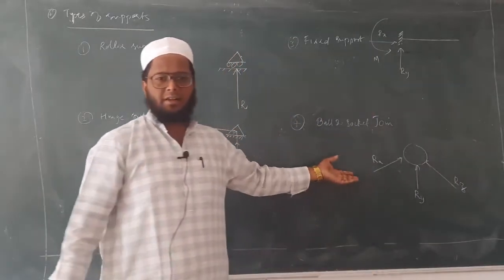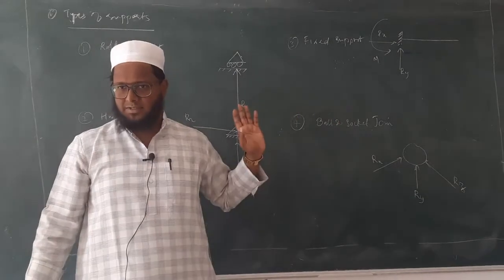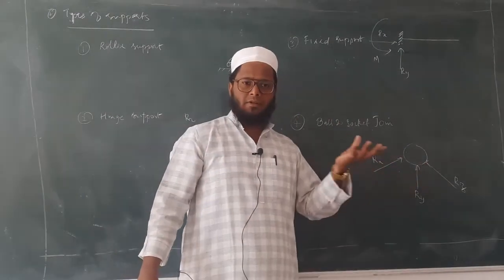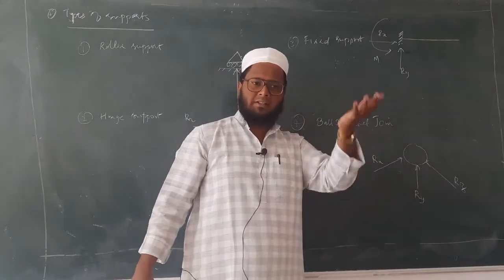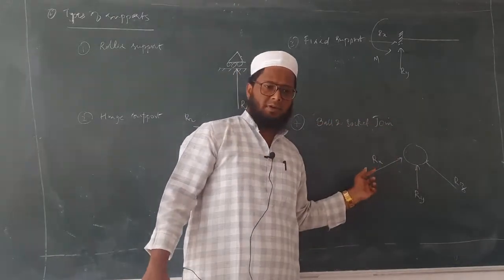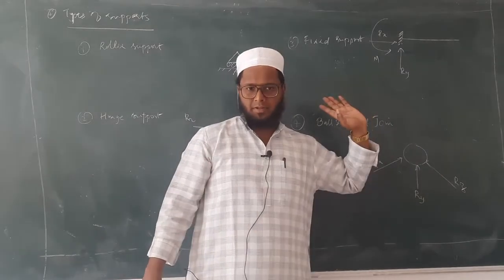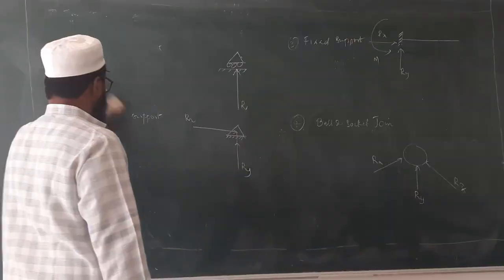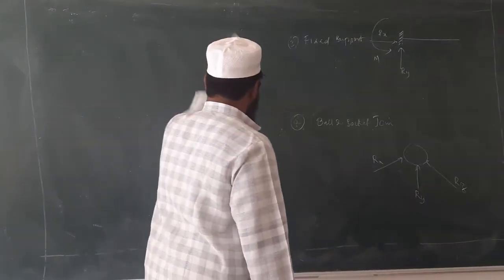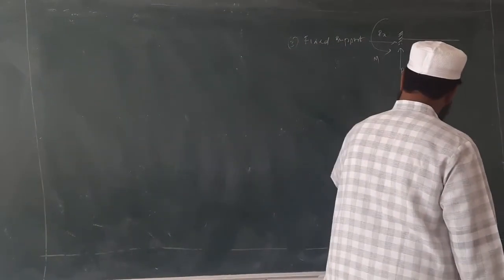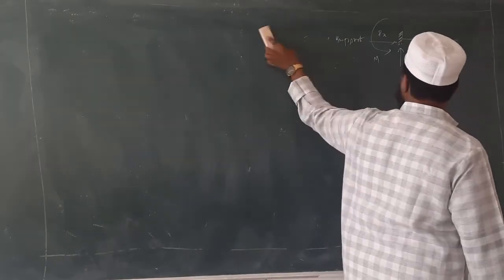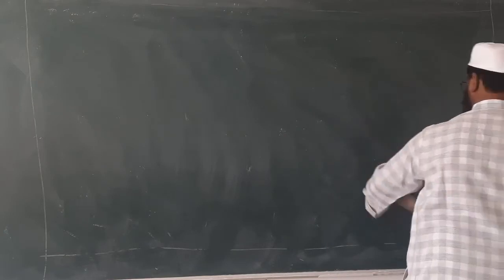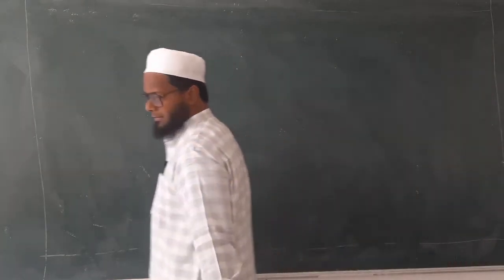It comes under the category of three-dimensional structures. In three dimensions we'll be having a support, ball and socket joint. It will rotate in three directions, so that is nothing but Rx, Ry and Rz. Copy down this one.